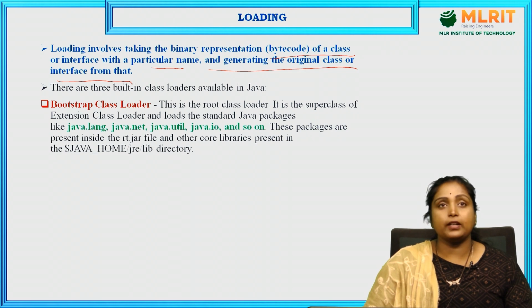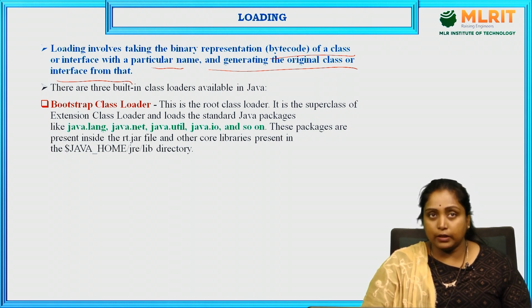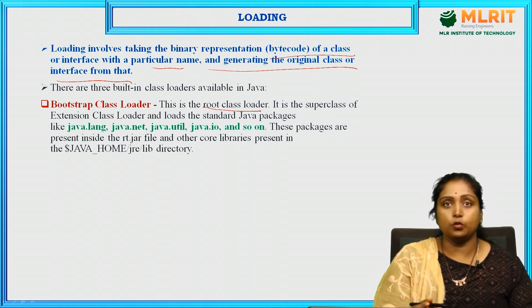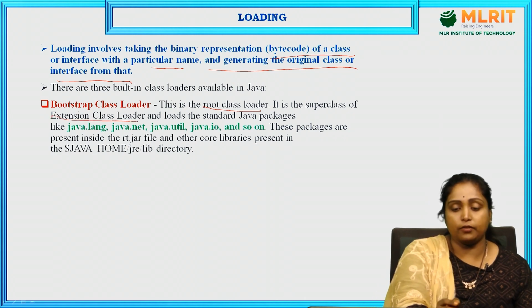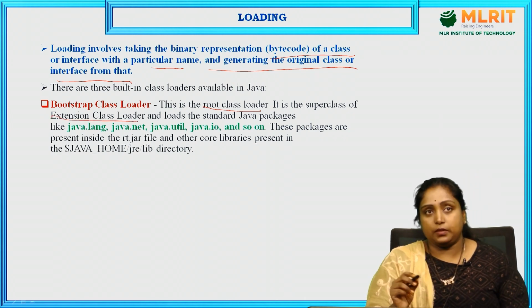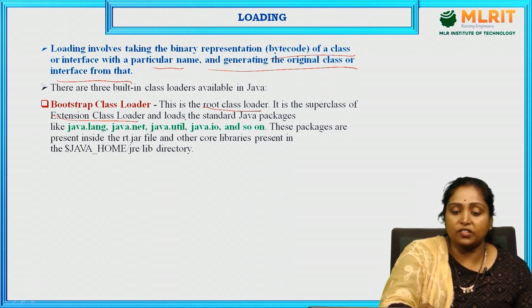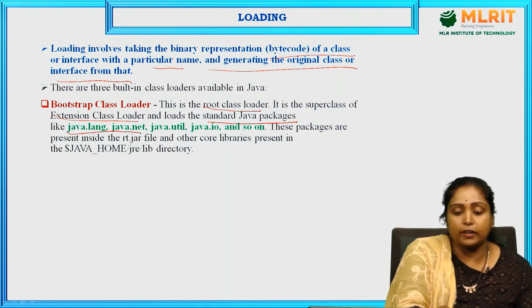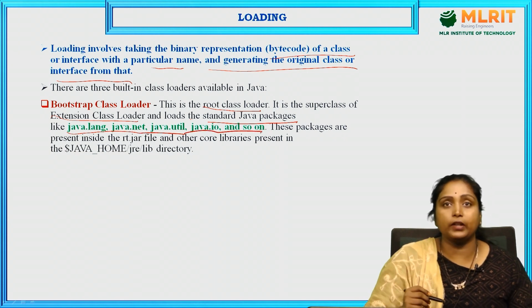The first one is the bootstrap loader. This is the root class loader, and it is the superclass of the extension class loader. It will load the standard Java packages like java.lang, java.net, java.util, java.io and javax.swing packages and so on.